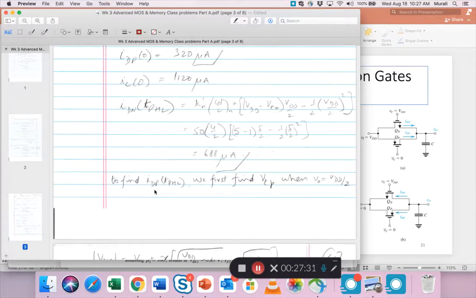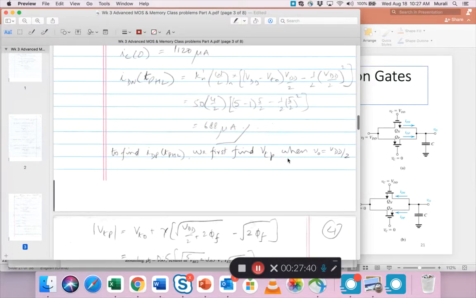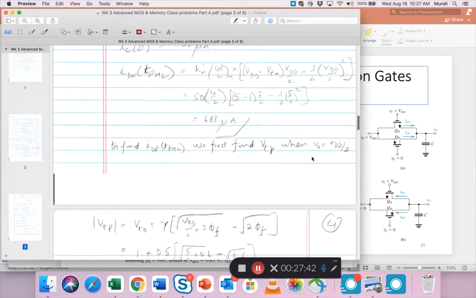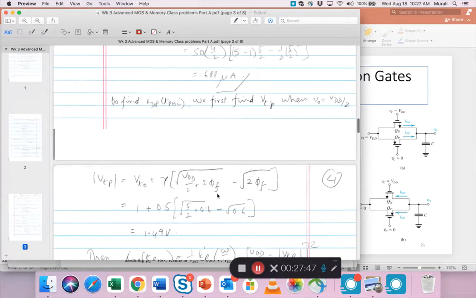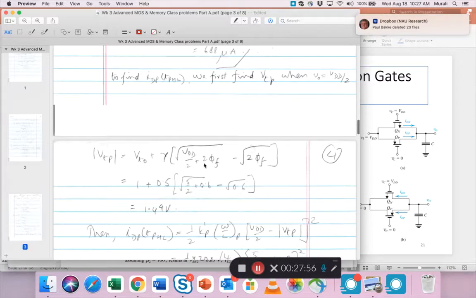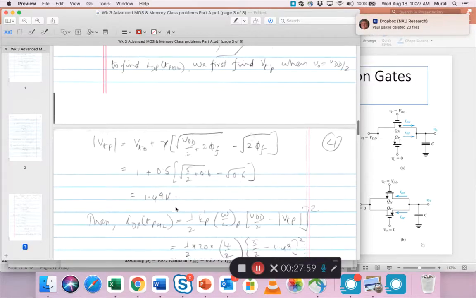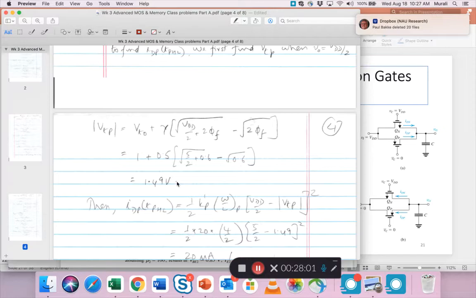To find dP, the current in the drain of the PMOS at this TPHL, we must first find TP when V0 equals VDD by 2, right? Because VTP has this formula, so plug in the fact that V output at the half point uses this formula, and you end up with a value for VTP as 1.49.